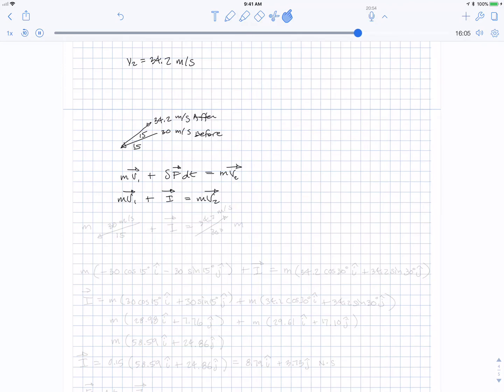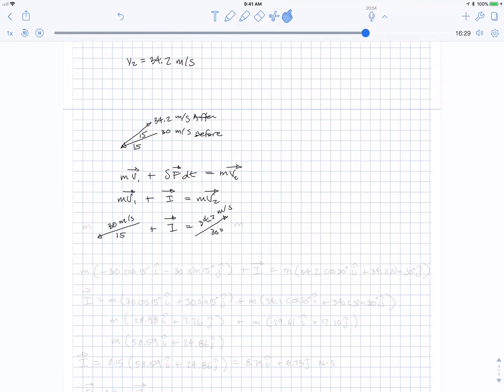So if you write that out, you get at 15 degrees, 30 meters per second, plus this vector I will equal going out, at 30 degrees, 34.2 meters per second.